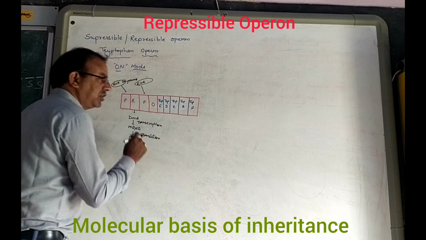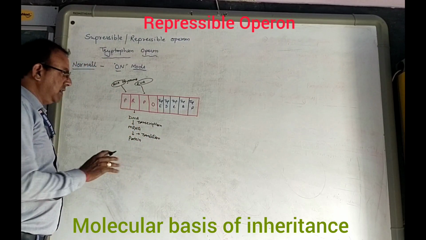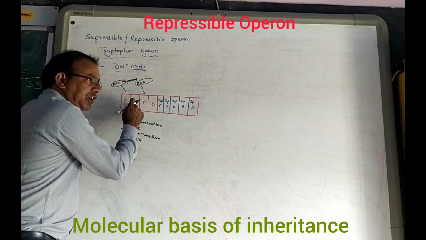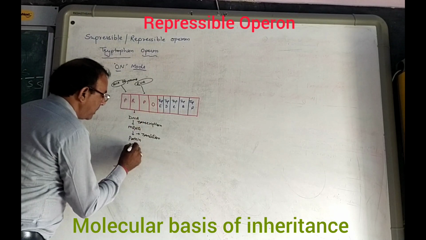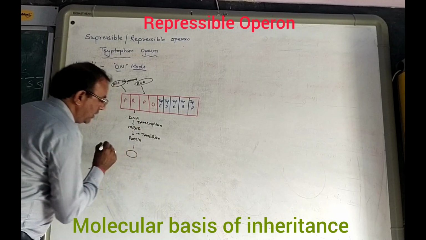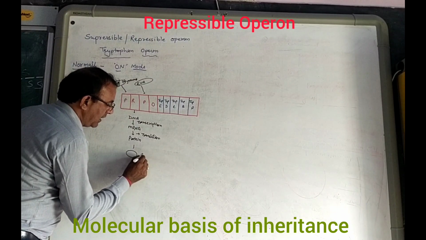During normal condition, if tryptophan is synthesized, then the protein which is synthesized by the repressible gene, suppose this is the protein, remains inactive.